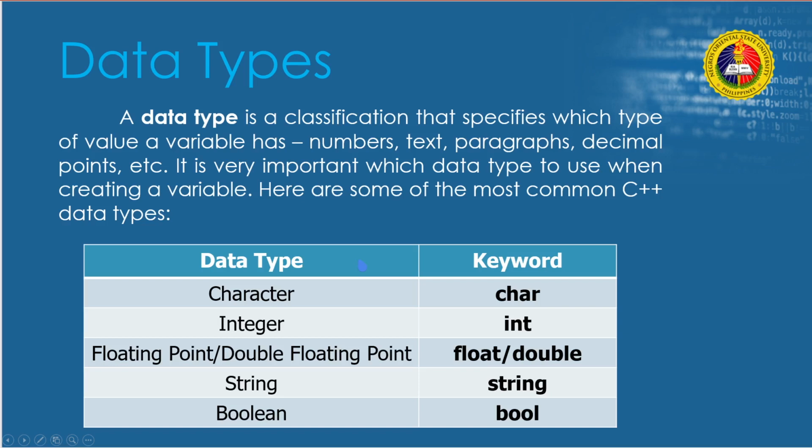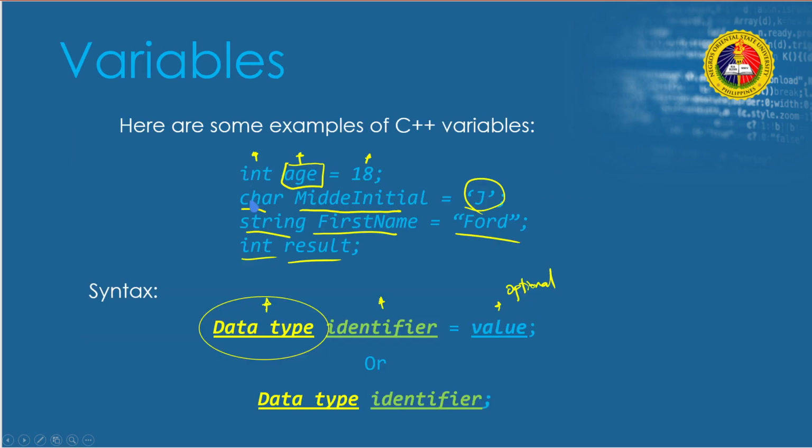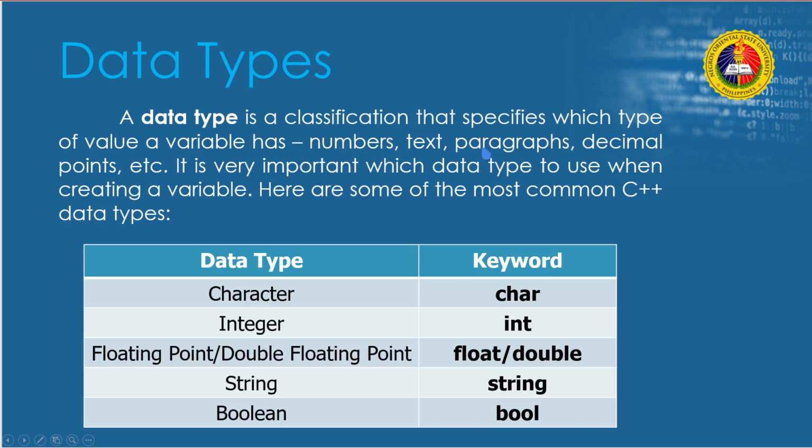So, let's talk about data types. So, we already know about int. Let's talk about the rest of the data types. So far, we have int, char, and string. A data type is a classification that specifies which type of value a variable has. It could be either numbers, text, paragraph, decimal points, etc. It is very important which data type we use when creating a variable.